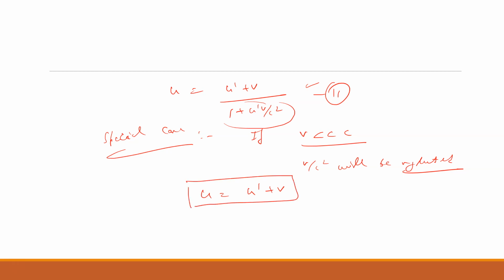This is what you have studied in your earlier classes, that u equals u dash plus v if the objects are moving in opposite directions. So this is all about the addition of velocity relation. I hope you have understood. Just revise the derivation and you will be able to do so.